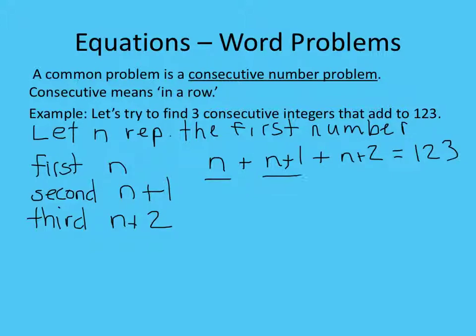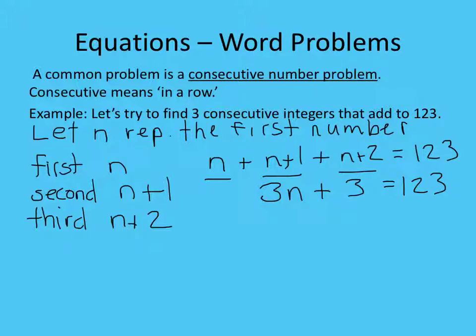First, second, third number. Now we have a type 3 equation, so we just need to group the variables together. I see 3 n's plus a 1 and a 2 makes 3.